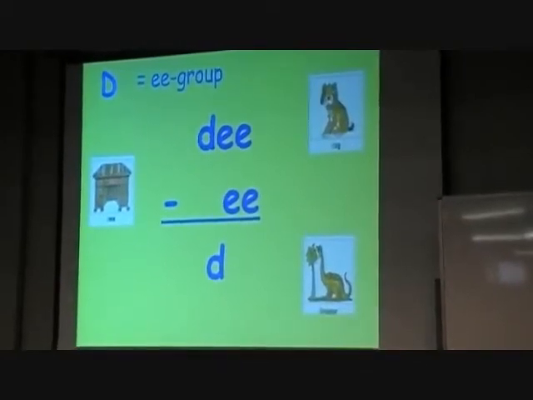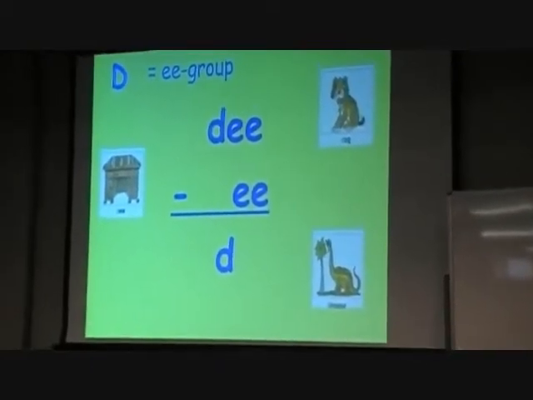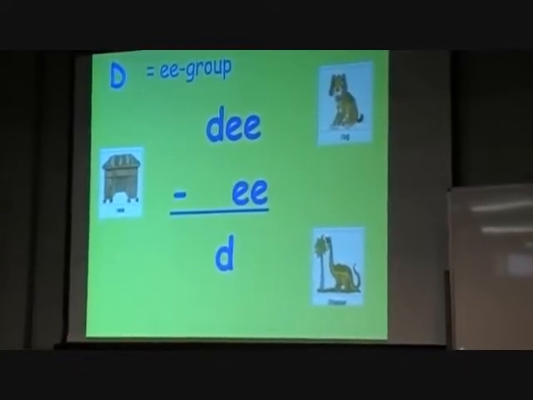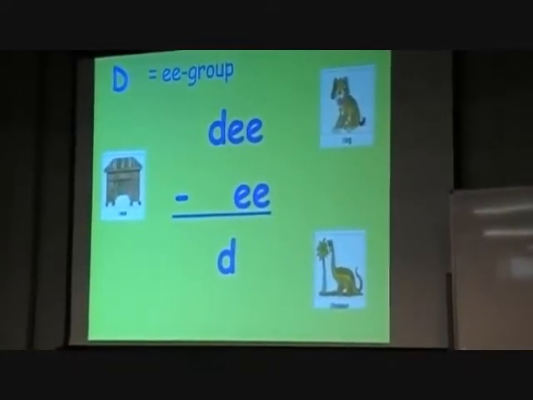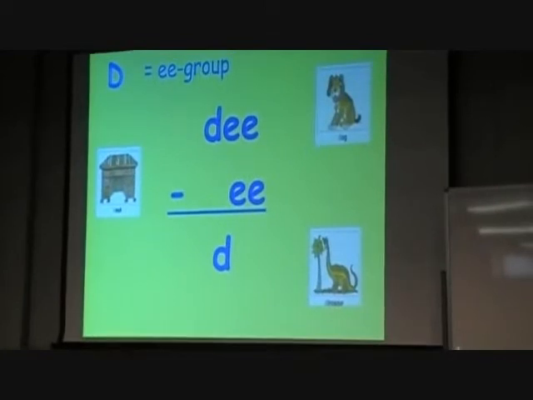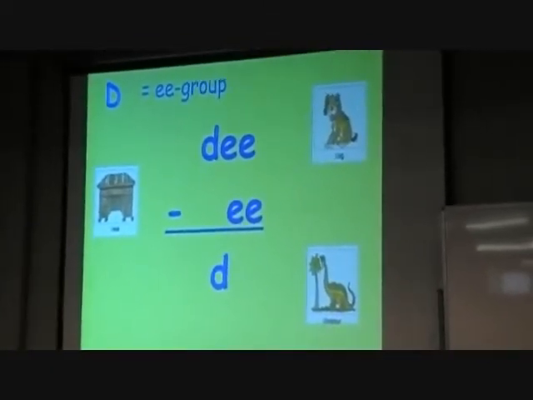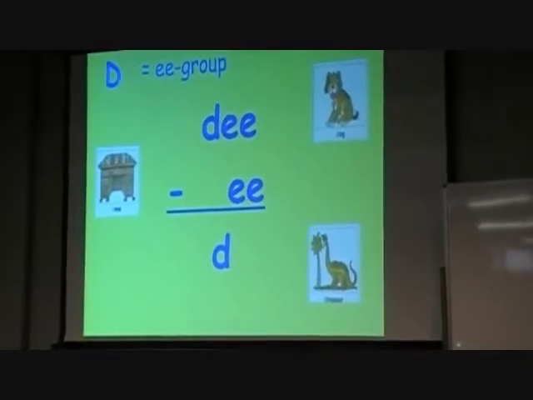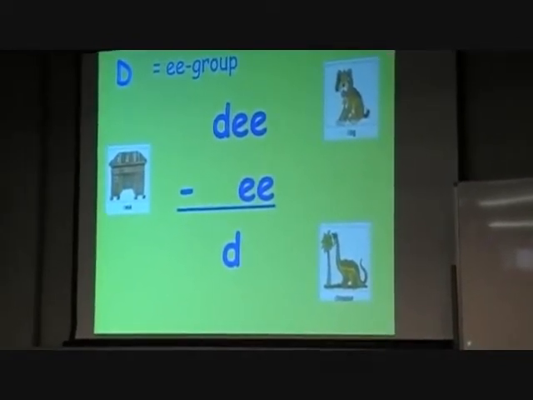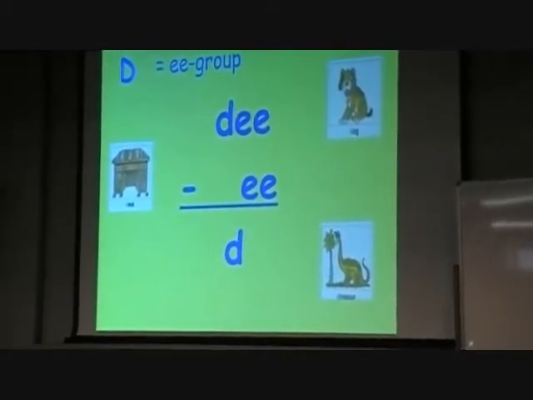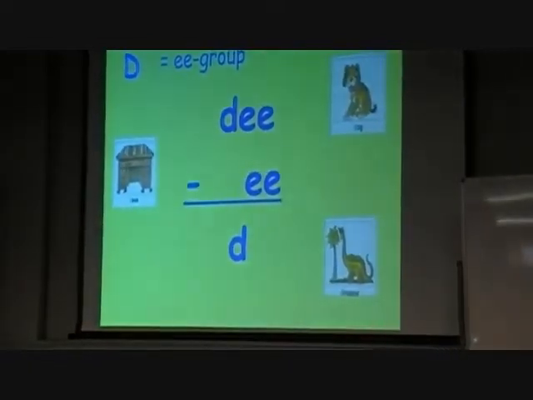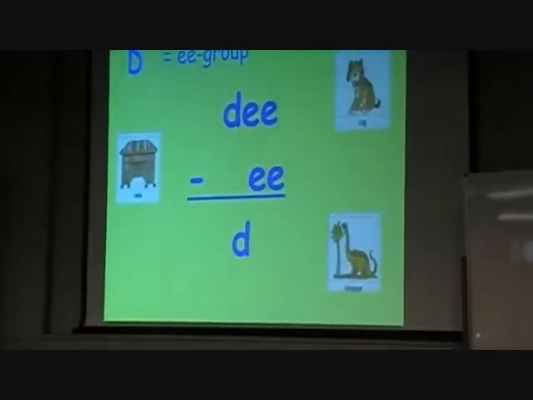And this is good because the kids can learn it by themselves and they don't have to ask mommy what's the sound of D. And mommy doesn't have a clue. So, you know, she's going to say, what did you learn in school, you know? So, if they know the letter D, and they know that it's the E group, and they subtract it, it's done, right?